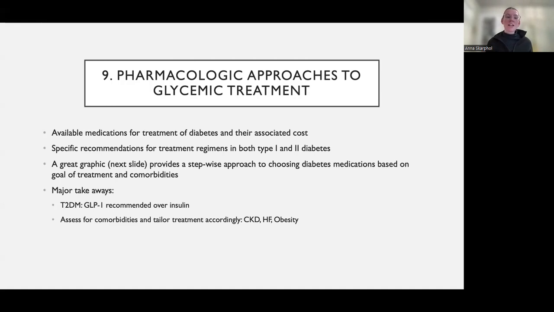And so they actually recommend that for type 2 diabetes, GLP-1s should be recommended as an injectable medication over insulin. And mostly that has to do with there's just less of a risk of hypoglycemia. And then also the importance of assessing for comorbidities like kidney disease, heart failure, and obesity, because we can target the diabetes treatment to fit those things.